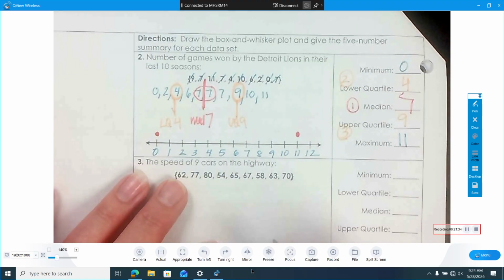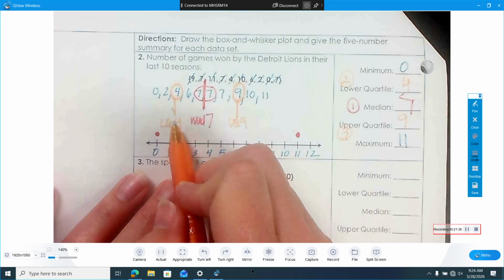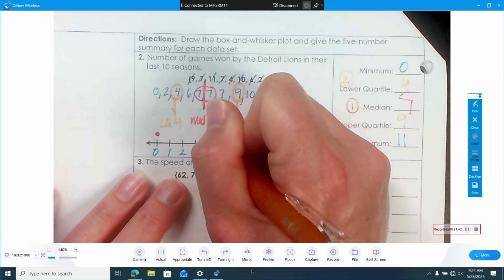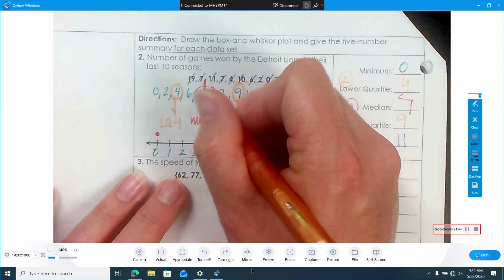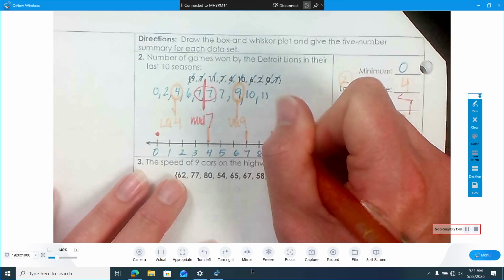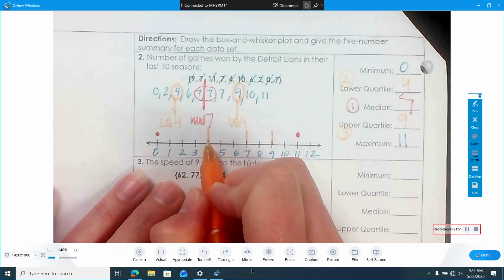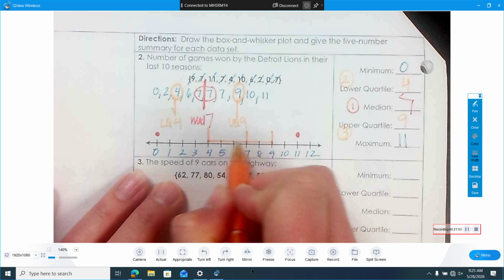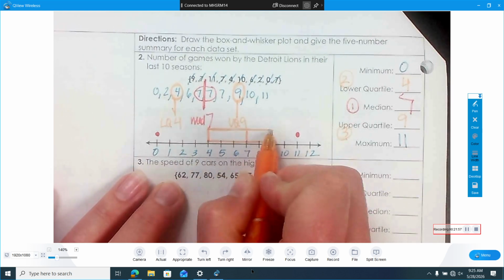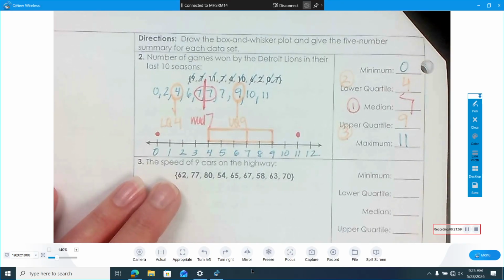And I'm going to go ahead and draw the little verticals for my box. My lower quartile, I'm going to draw a vertical line at 4. I'm going to draw my vertical line at 7 and at 9. So there's my 3 vertical lines that I can just connect, top and bottom, and that's where my box comes from, my quartiles.